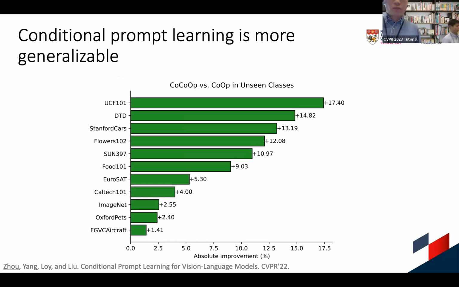Sorry for the delay. We have a result showing that conditional prompt learning is more generalizable, but it's very slow to train because of the conditional design.